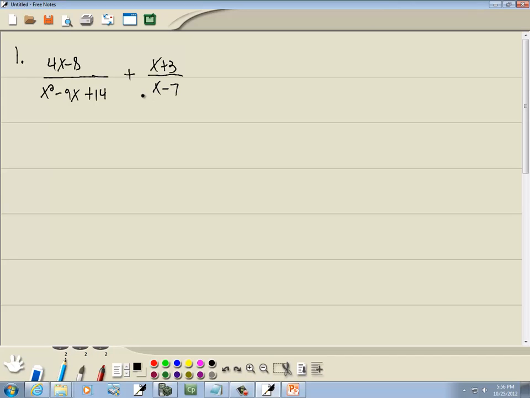This one's actually got a little bit of a shortcut, which I'm going to ignore, so we can see something special at the end.